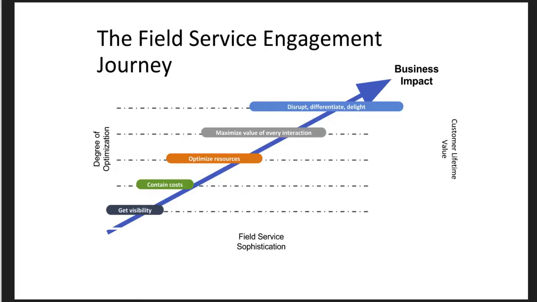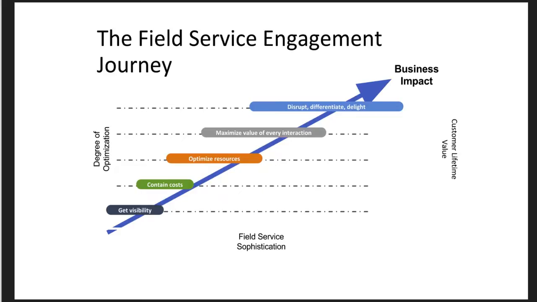And through the life cycle of the field operation, or using a system or moving from one system to another, customers will first and foremost strive to achieve visibility, being able to see what's going on out there in the field. And once you have that in place, you're looking at ways to contain costs. Trying to schedule a bit smarter, trying to reflect on what you see out there in the field, and trying to be a bit more efficient.